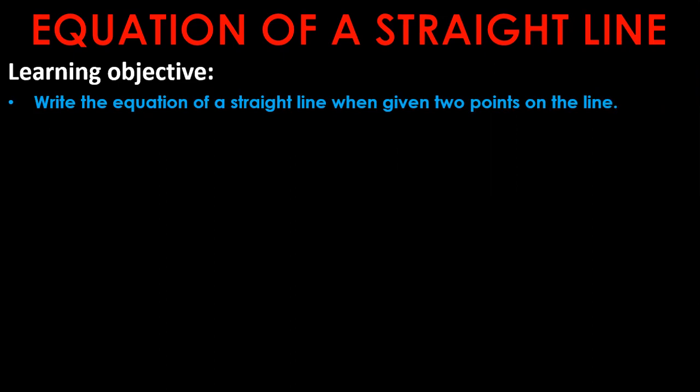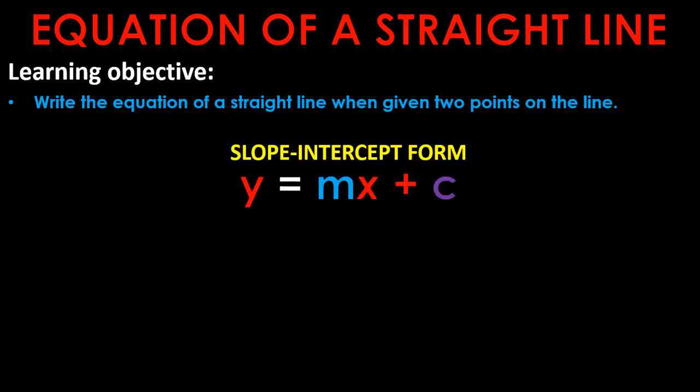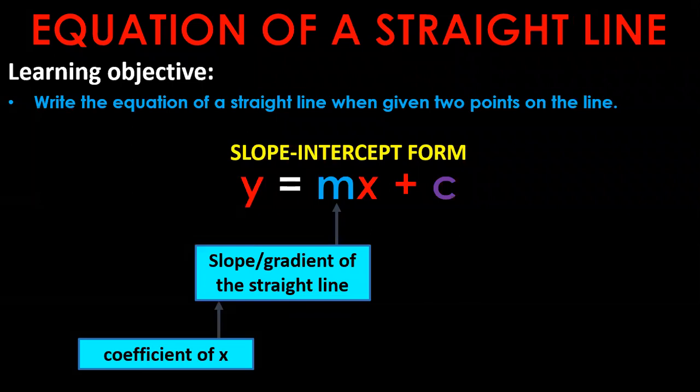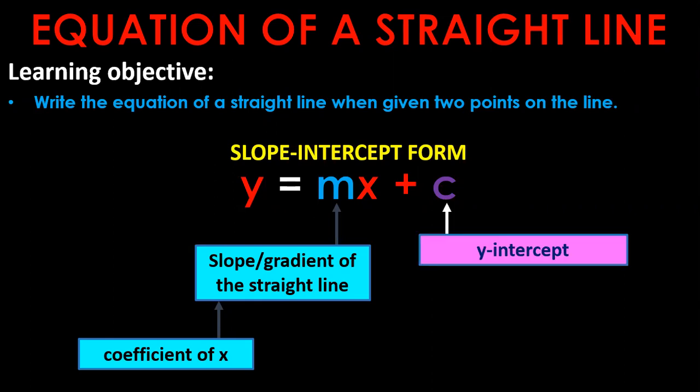To write the equation of a straight line, we will be using the slope-intercept form, which states y is equal to mx plus c, where m is the slope or the gradient of that straight line, and m is also the coefficient of x. Let us look at c.